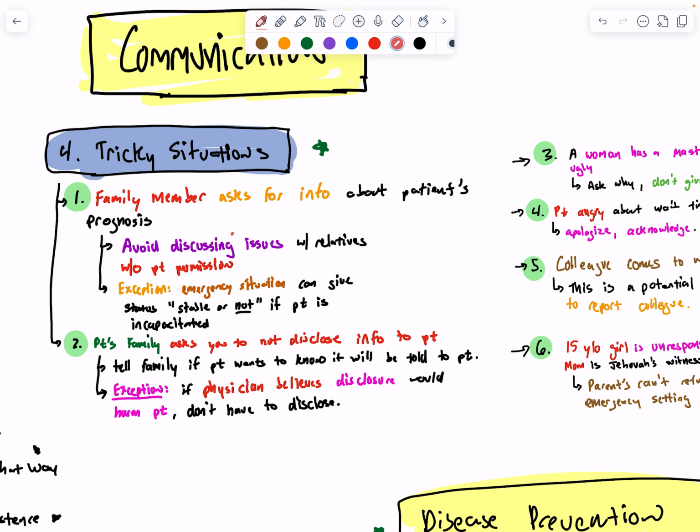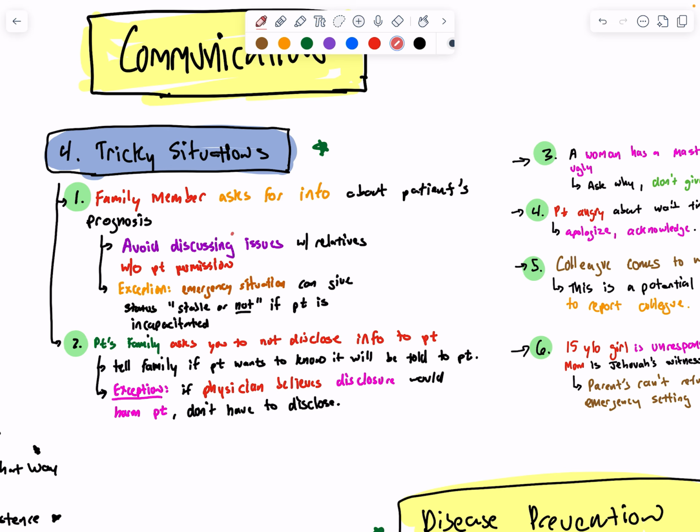Patient's family asks you not to disclose information to the patient, so you have a concerned family member who's like, I know you have the results of the test. Please don't tell the patient. It'll cause them to be concerned. Generally, if the patient wants to know it, it will be told to the patient.